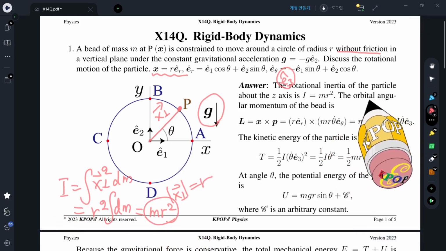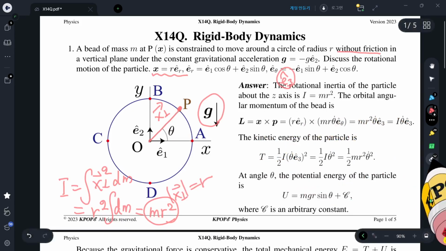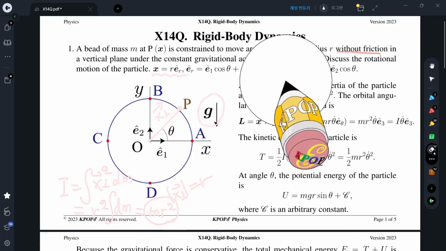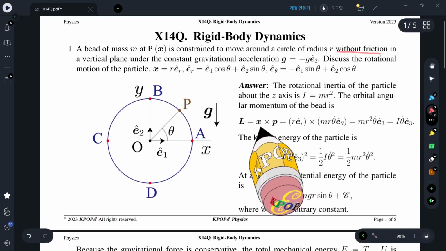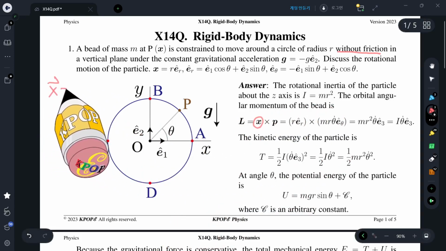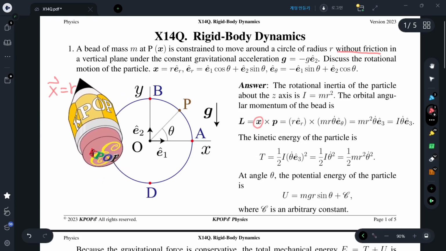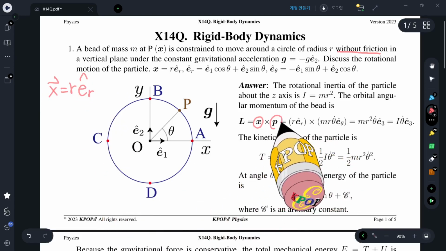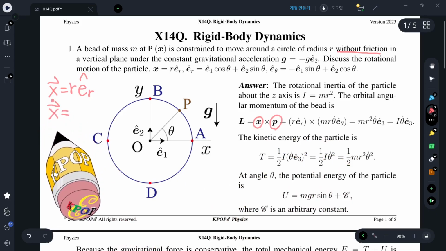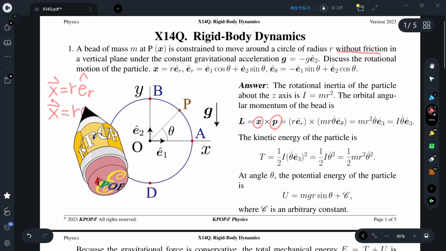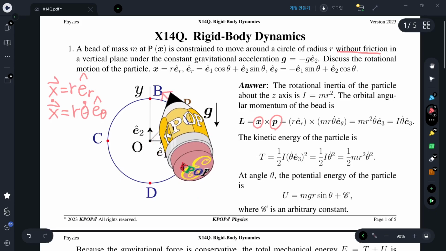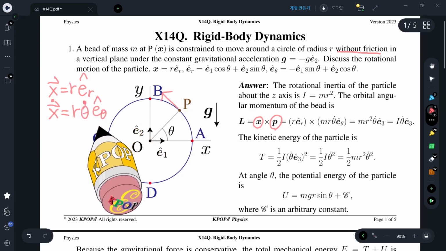The orbital angular momentum of the bead: we have to compute the position. Position is the vector x equals r e_r hat, and momentum. Before we compute the momentum, x dot, that is r theta dot e_theta. The unit tangential direction is e_theta hat.